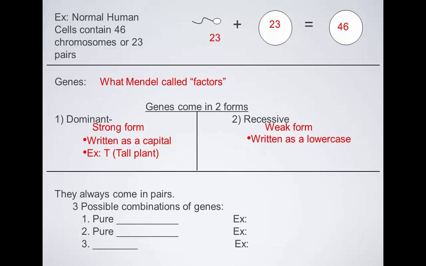Dan? Lowercase t. Yes. We use the same letter we used for the dominant version, but we make it what? Lowercase. So we use a lowercase t to represent the short version. We always use the same letters, we just use a lowercase version.